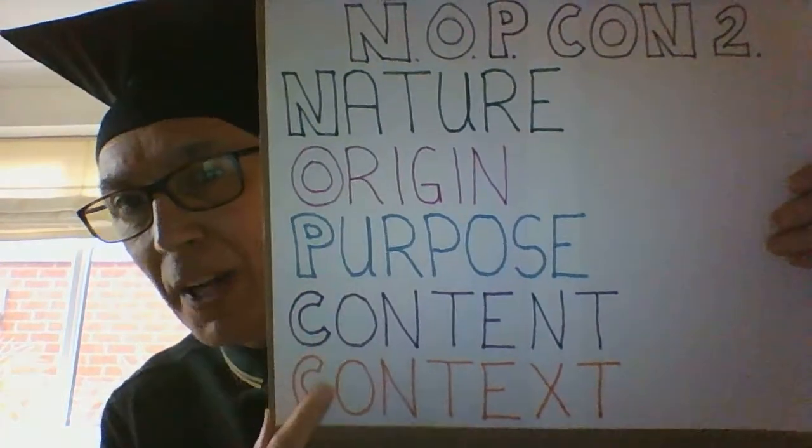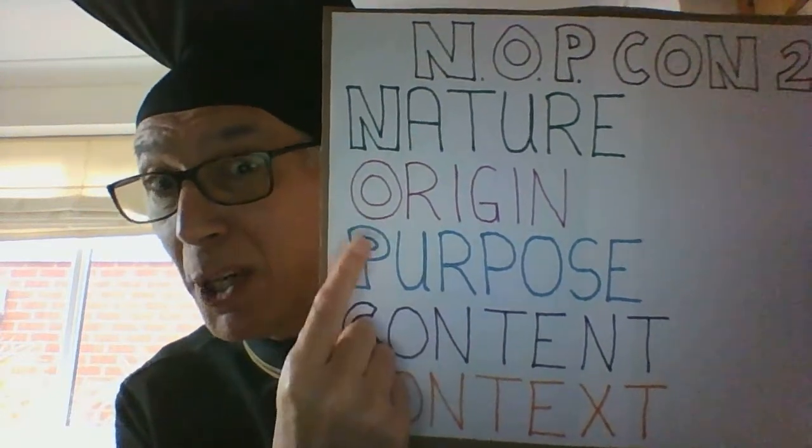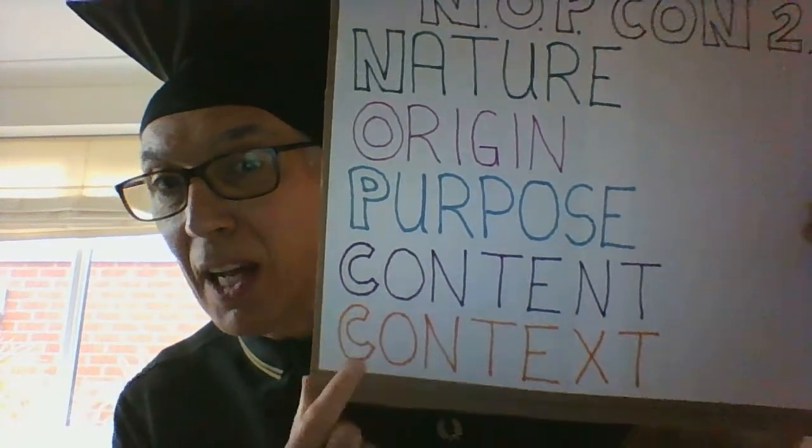Hey, hey, LBJ, how many kids did you kill today? Using our friend NOPCON: the nature of the evidence, the origin, the purpose, detail, and what was going on at the time. So how would you put that in a paragraph? Well, something like this. What do you think? Remember, how useful?